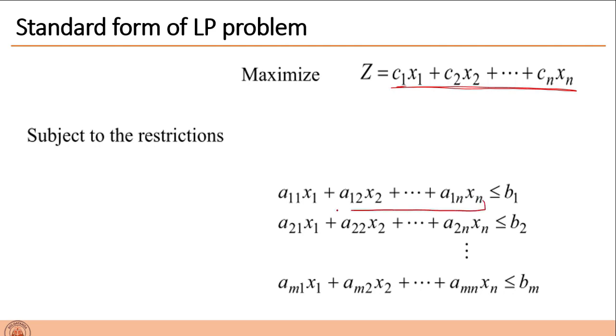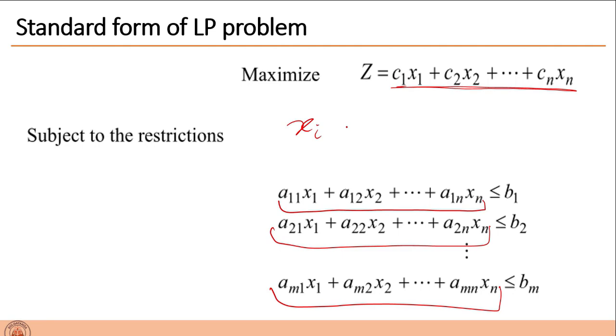So all these are functional constraints. And then we have a similar one for the non-negative constraint, for the xi's. So you have xi greater than or equal to 0: x1 should be greater or equal to 0, x2 should be greater or equal to 0, and xn should be greater or equal to 0. So none of them is going to give us a negative value.